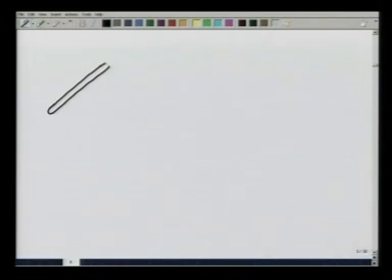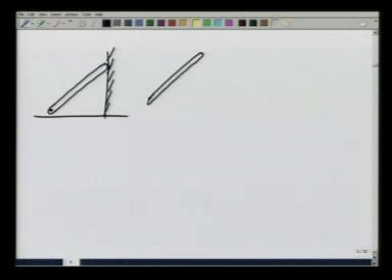So, I have this rod with a pin joint here and a wall here. This has forces Ry, Rx, a normal reaction N due to the wall, and its weight.